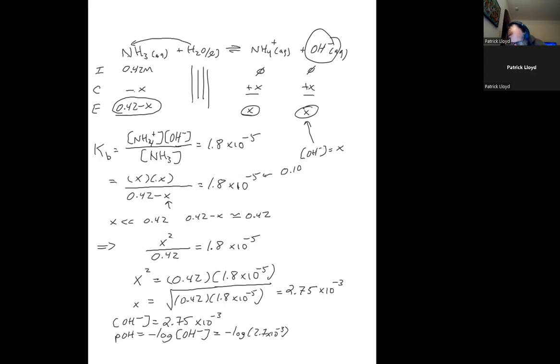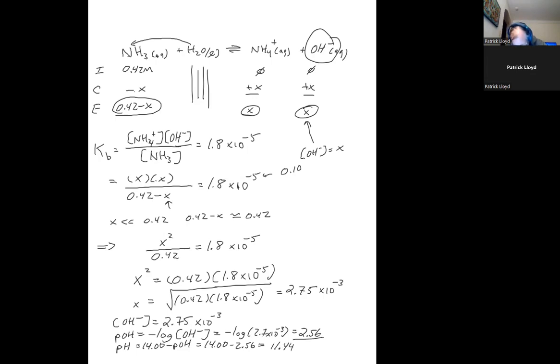So it's 2.56. Just be careful. You've got one more step to go, and that is the pH is 14 minus the pOH. So that's 14 minus 2.56. Okay, so that's like 11.44.